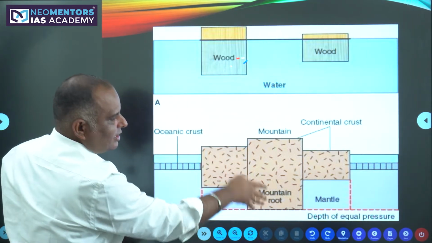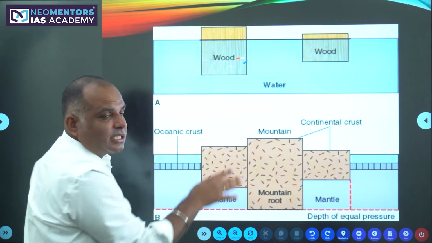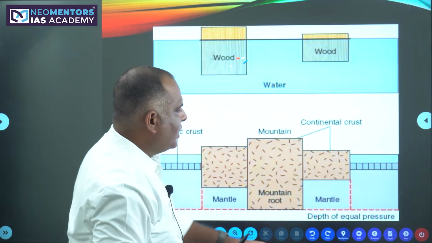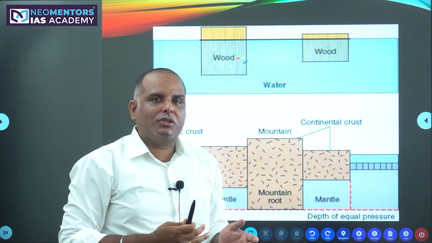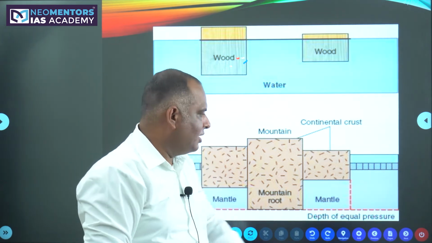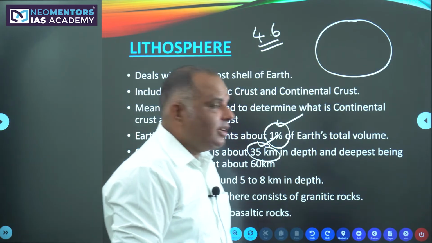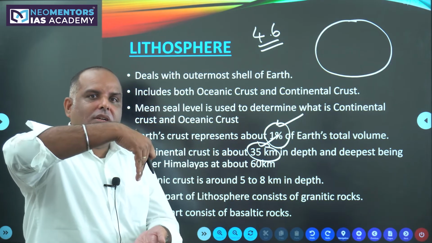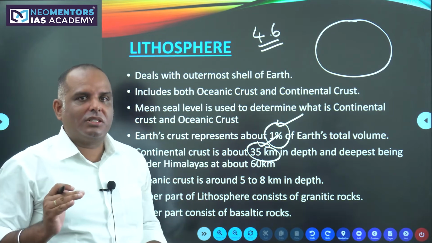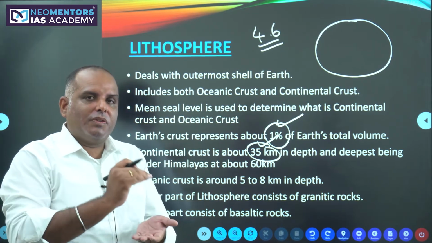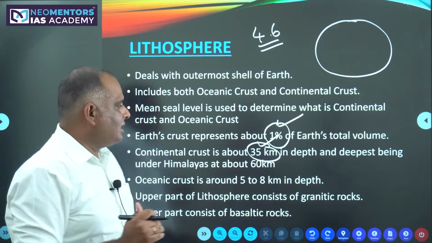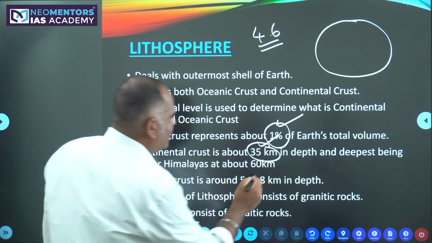That's why the mountain subsides more into the next layer that follows the lithosphere. That is why we say the lithosphere has an average depth of 35 kilometers. But what is the maximum depth? Because the Himalayas are the tallest mountains on the earth, recent studies have found that the depth there is about 55 to 60 kilometers.